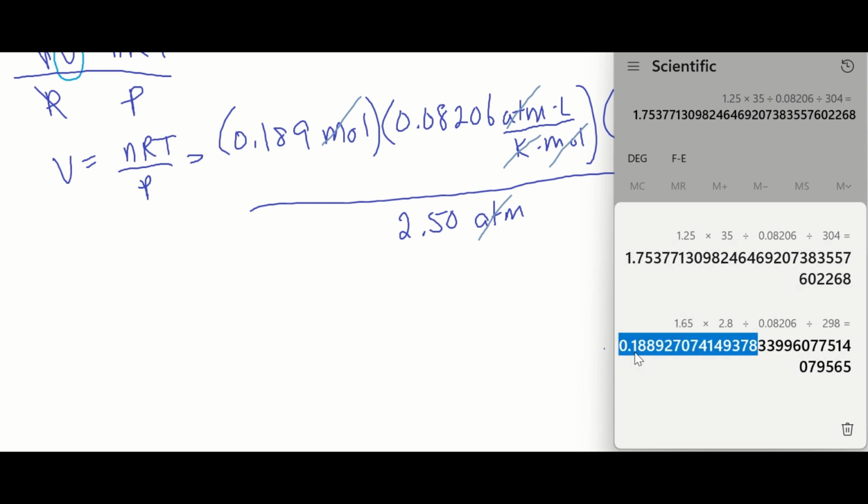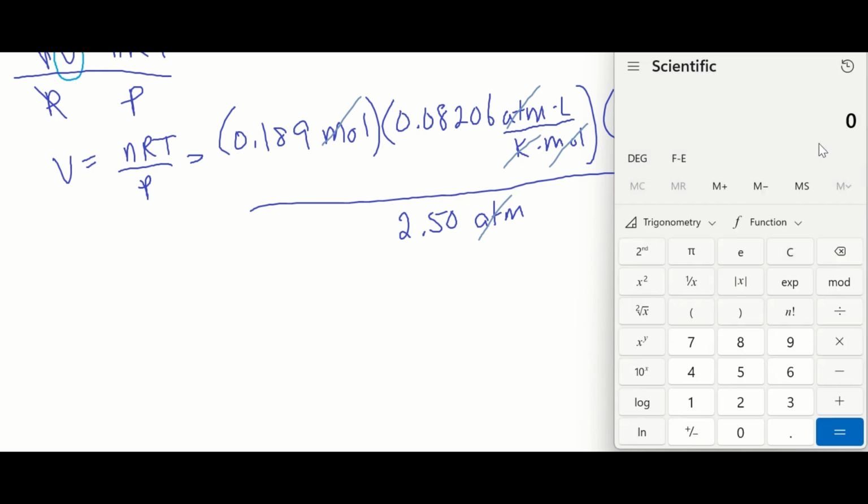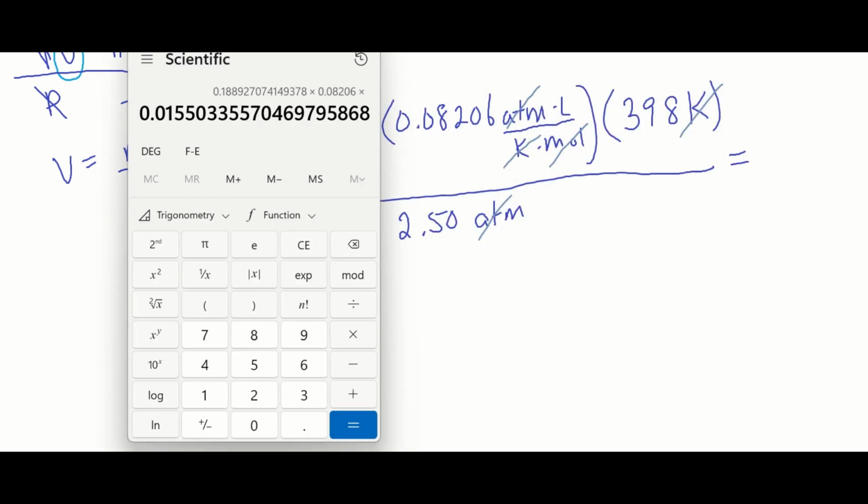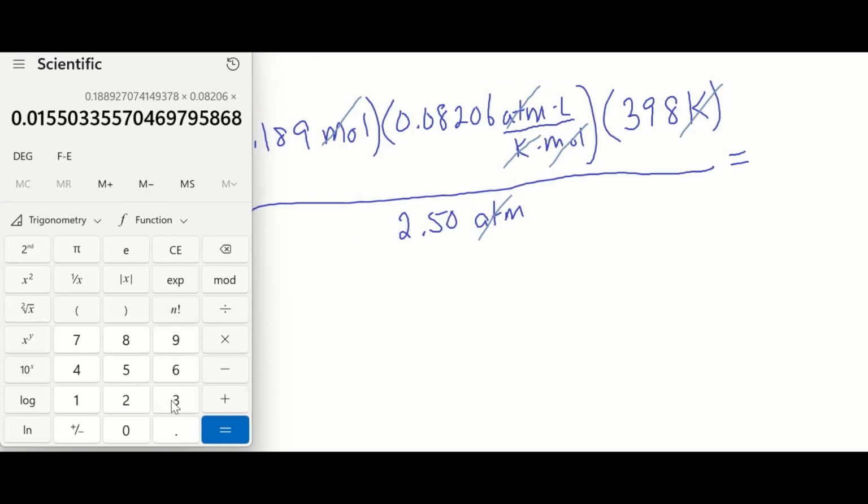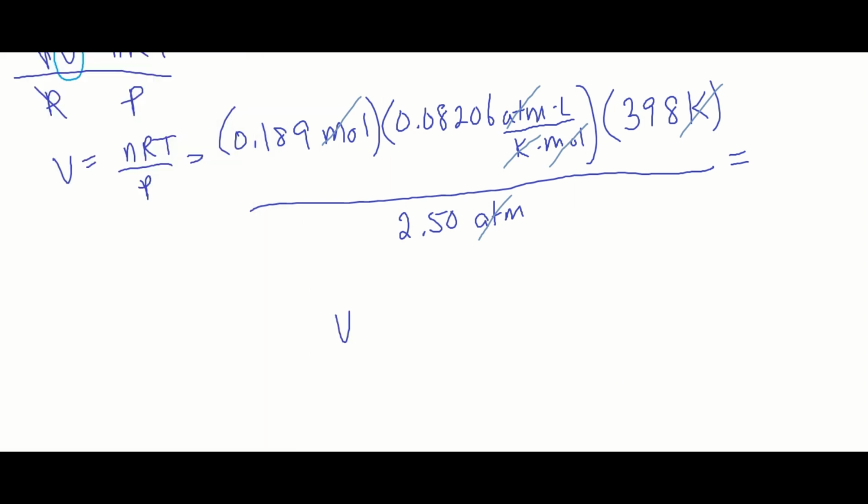There it is. 2.47. The volume of carbon dioxide gas produced is 2.47 liters.